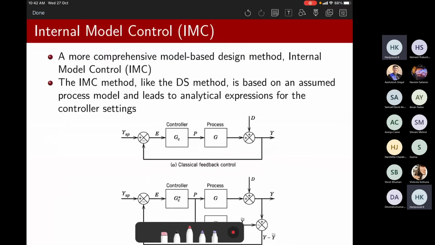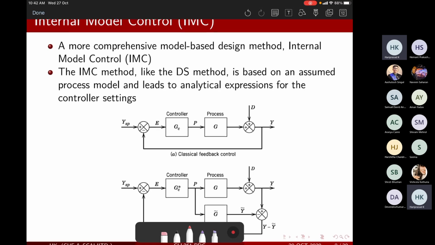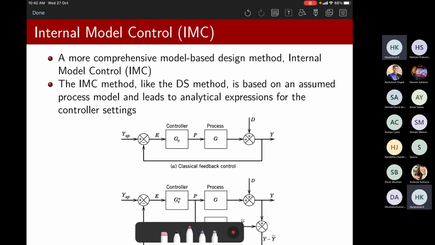Okay, so now let's also look at one more key model based control strategy, a bit more complicated but better. IMC is slightly new, in the sense it is from the 90s, almost 30 years.